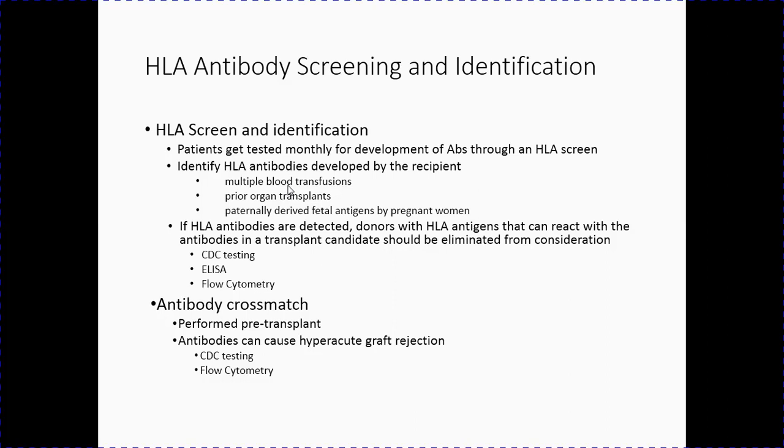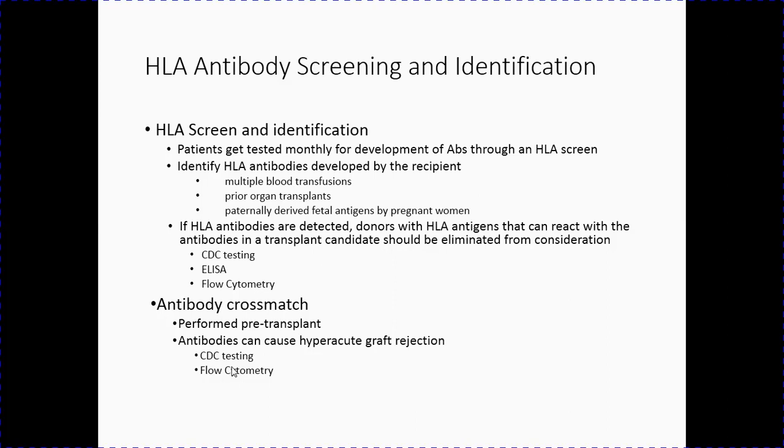We're going to see a couple of different methods that we can use for identification of antibodies: CDC, ELISA, and flow cytometry. And then we're also going to do one more thing in our final antibody screening and identification / cross-match process. We're going to look and see if there are any preformed pre-transplant antibodies that might cause a reaction.